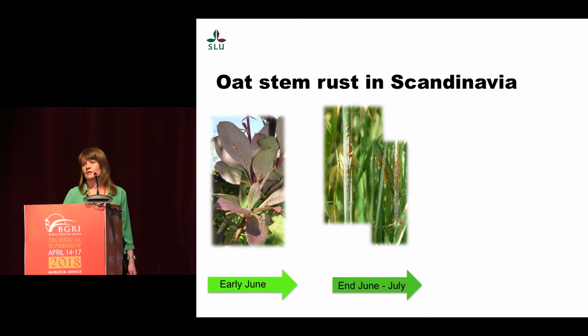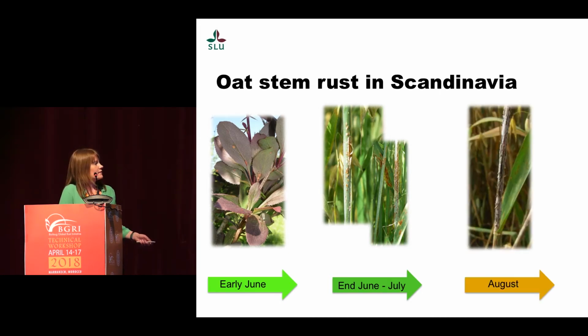And that is also when all the advisors go on vacation, so usually they don't see the stem rust infection. So it's not a big problem because they don't see it. But if I go there on the 20th of July, it's usually full of stem rust in oats. Then in the first weeks of August you start to see the teliospores, and a couple of weeks later the crop is harvested.